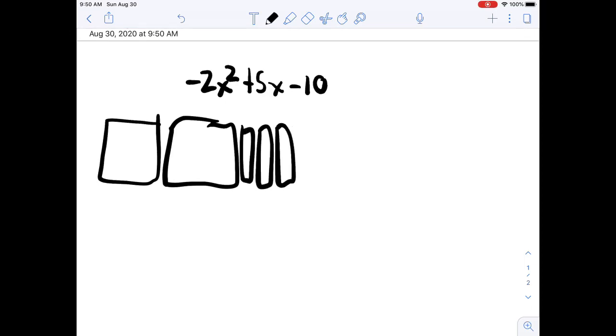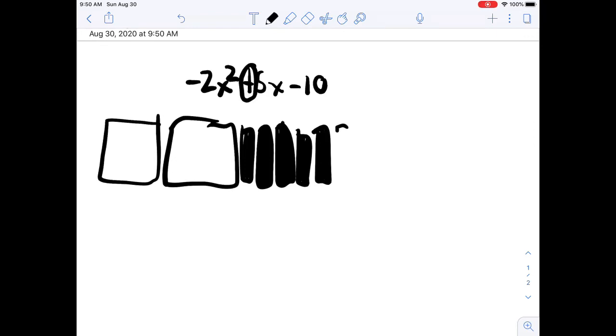And then 5 rods that are shaded because it's positive. And then 10 of these little squares unshaded because they're negative.